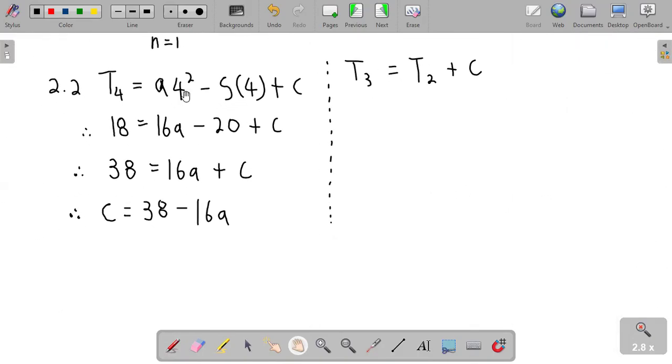So we say a times 3 squared minus 5 times 3 plus c equals, oh no, plus 5 here, a times 2 squared minus 5 multiplied by 2 plus c.